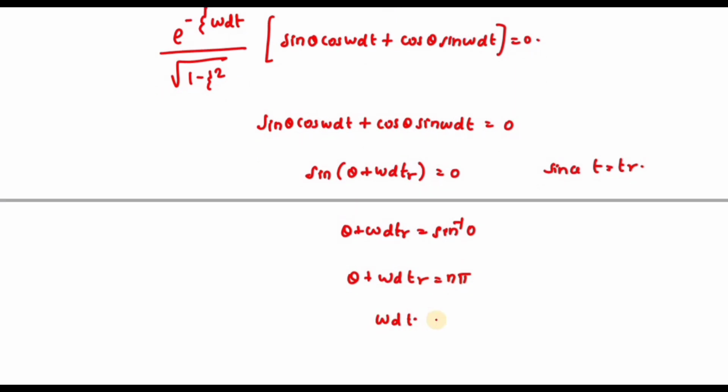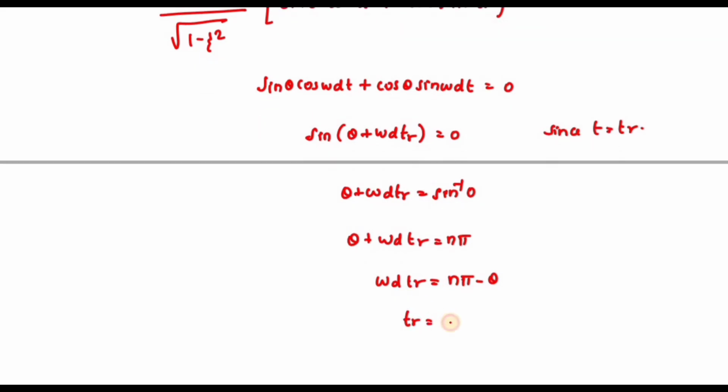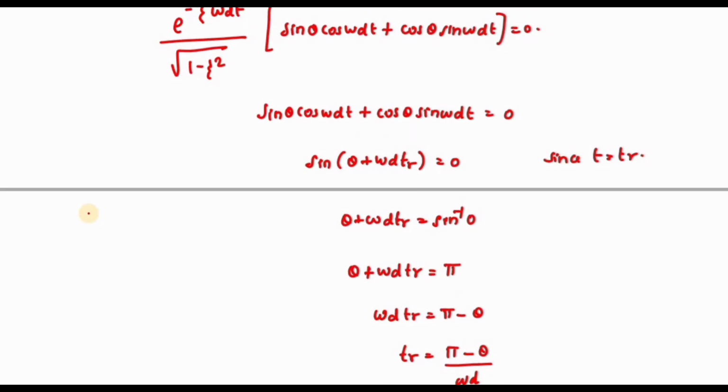Sine inverse of 0 I can write as n pi, right? Here t is equal to tr, right? So I can write this tr value, right? Tr value is equal to n pi minus theta divided by omega d. Here I can substitute this n value as 1.